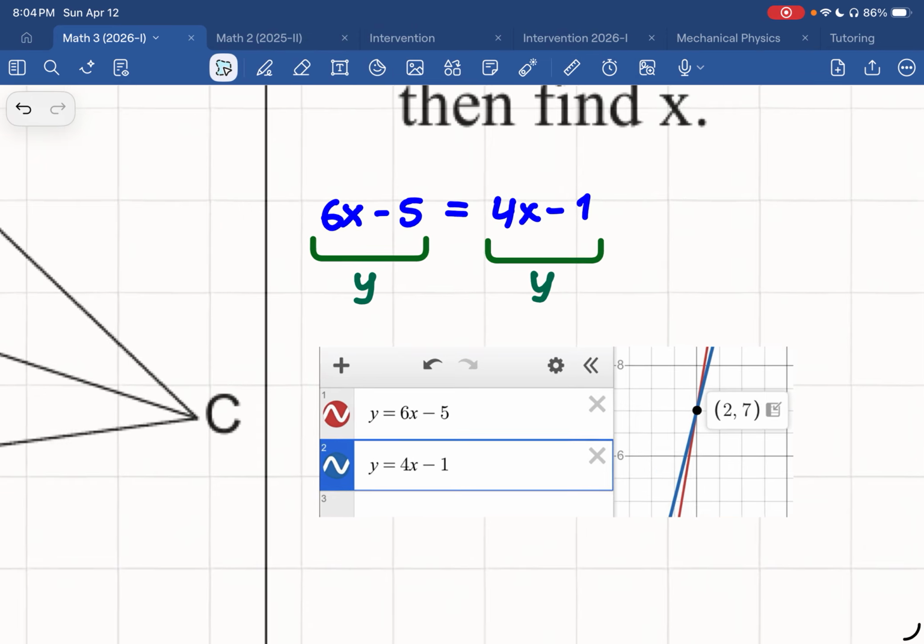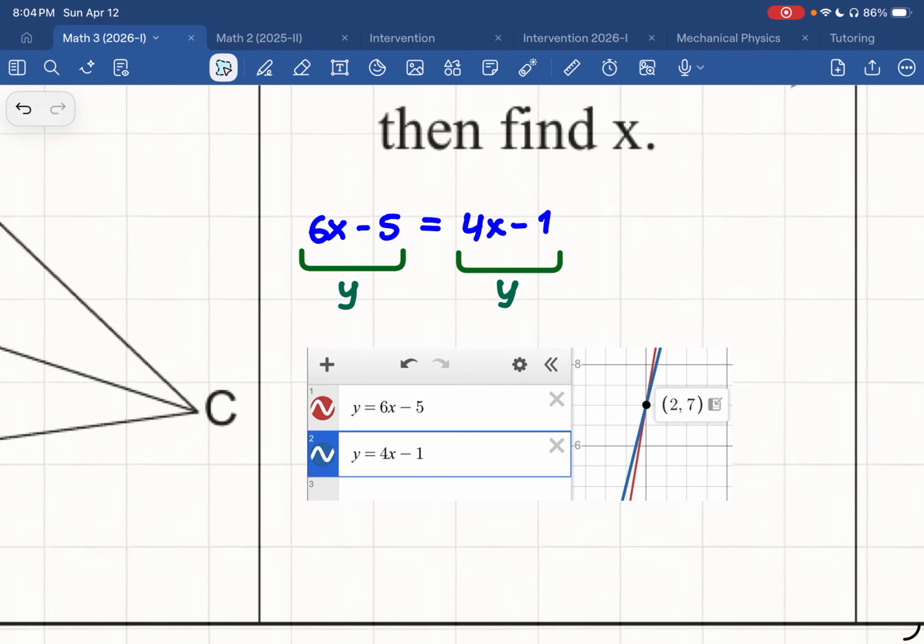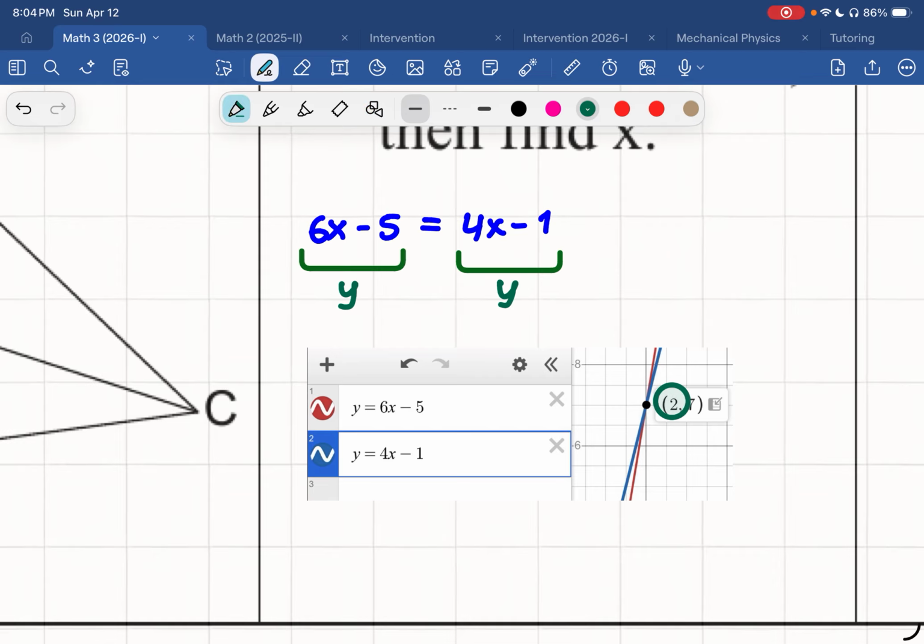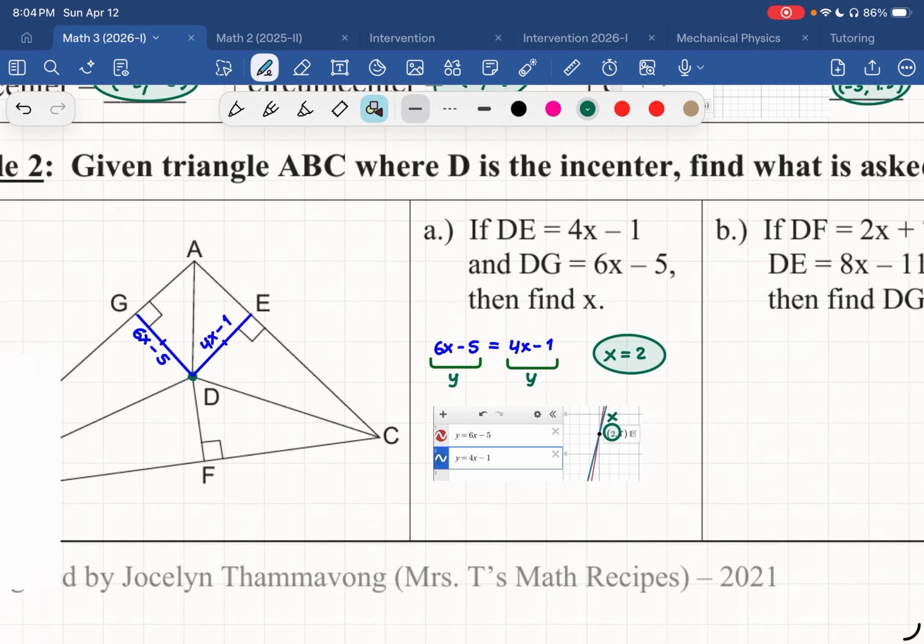So according to Desmos, the answer of this exercise is 2, right? Because it's the number on the left, which is x. Is it difficult? Not really. It's very easy, right? So I'm going to tell you how you're going to solve the next one.